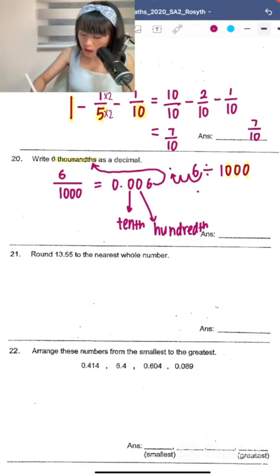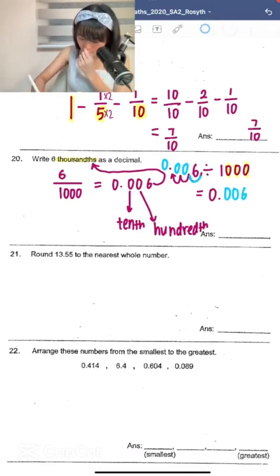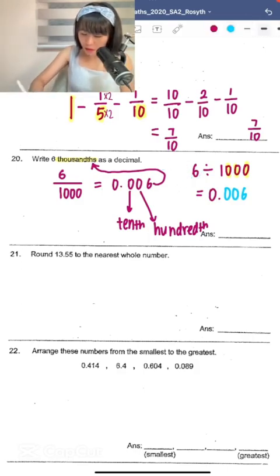So it's 0 point. Imagine I add a 0 here. Then on top of this curve is a 0, on top of this curve is a 0, and on top of this curve you already have a 6, right? So it's 0.006. Okay, when you divide like this, your final answer is 0.006.